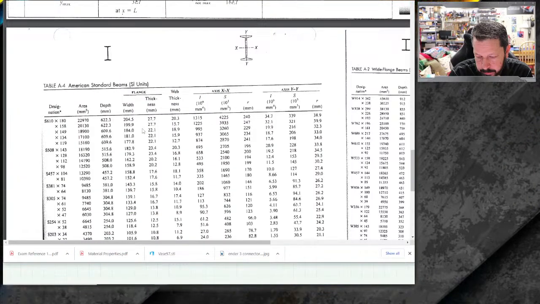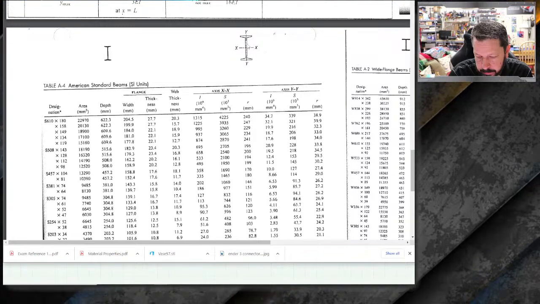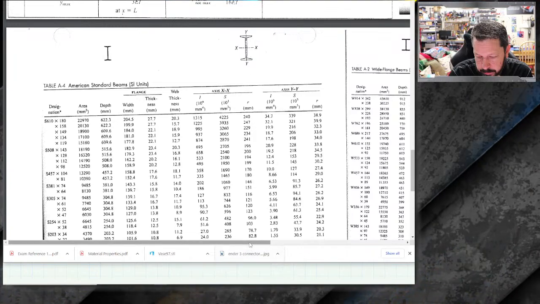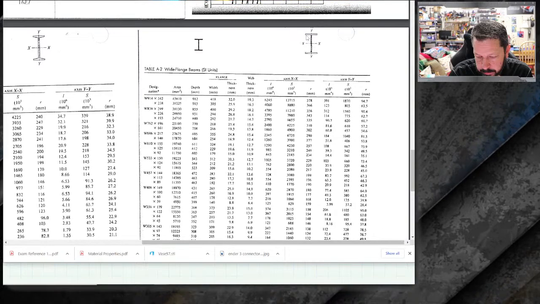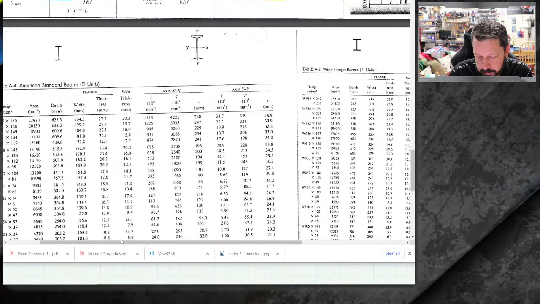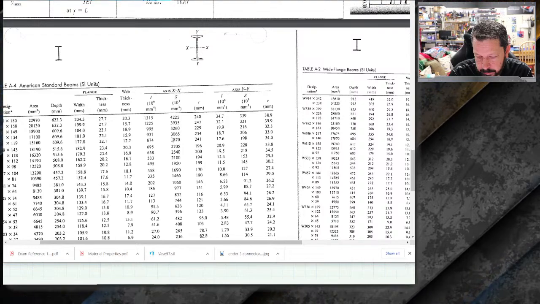So here are the S standard flange, and if you want to see the difference, here's the picture for the standard flange right here, and here is the picture for the wide flange over here. So you can kind of see how the flanges are wider on the wide flange. All right, it did not tell us anything that we need to worry with the YY direction, so we're only looking at XX.